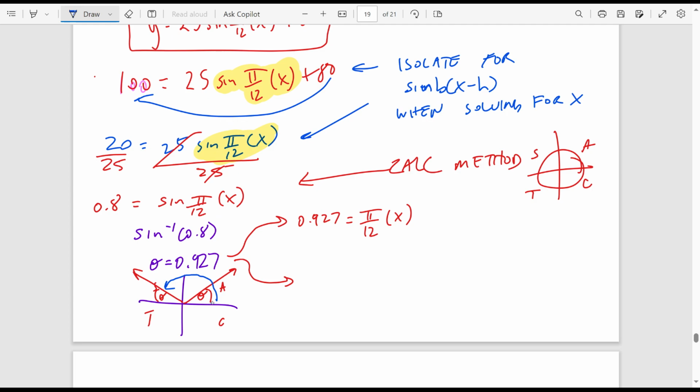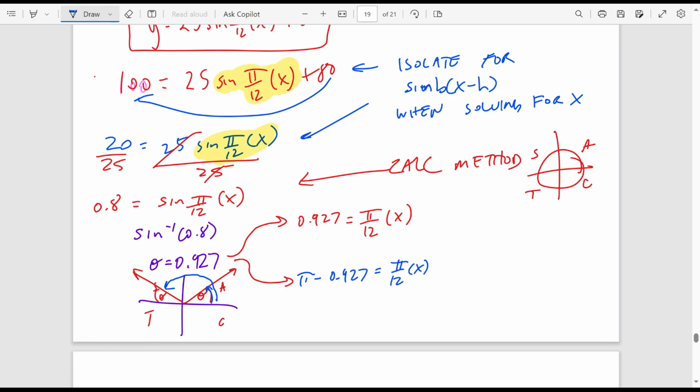I want to find both this angle, which I did, just 0.927, as well as that second angle. The only thing I know is that theta was returned at 0.927, so this will be pi minus 0.927 is equal to pi over 12x.